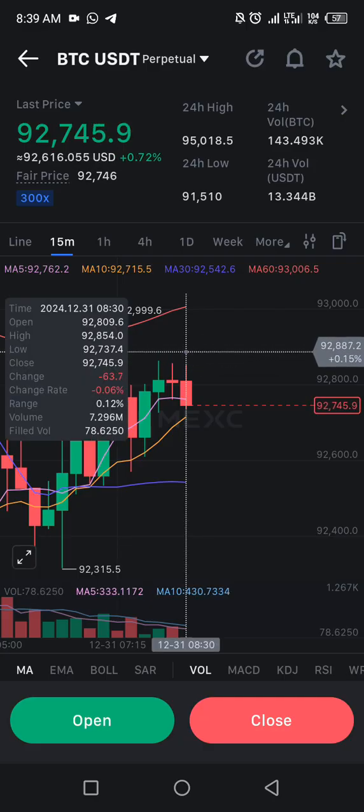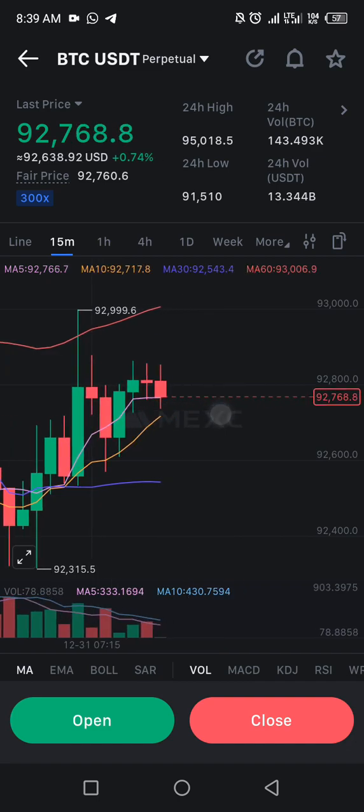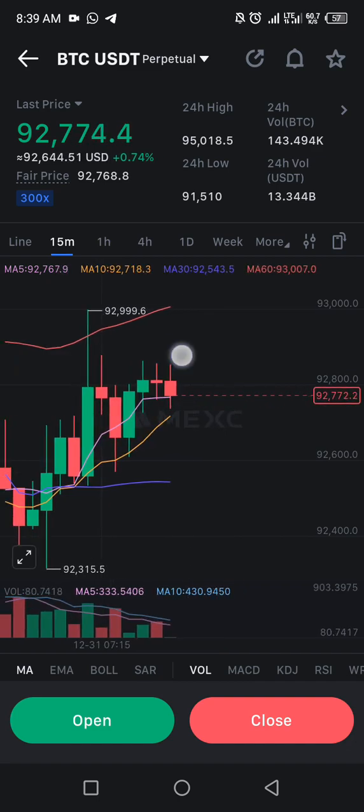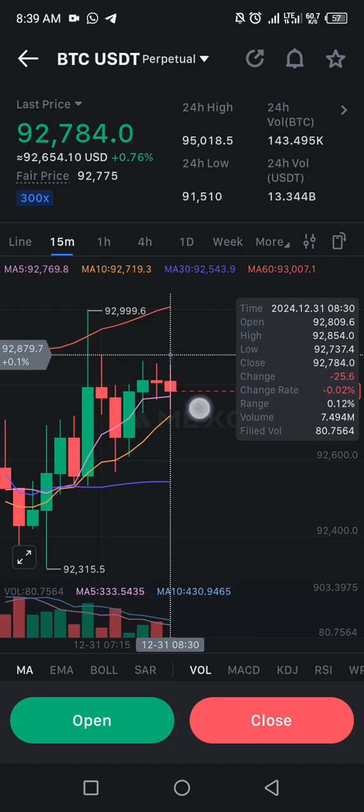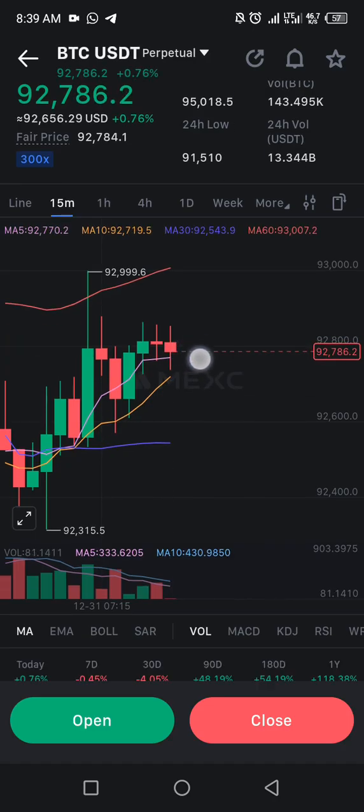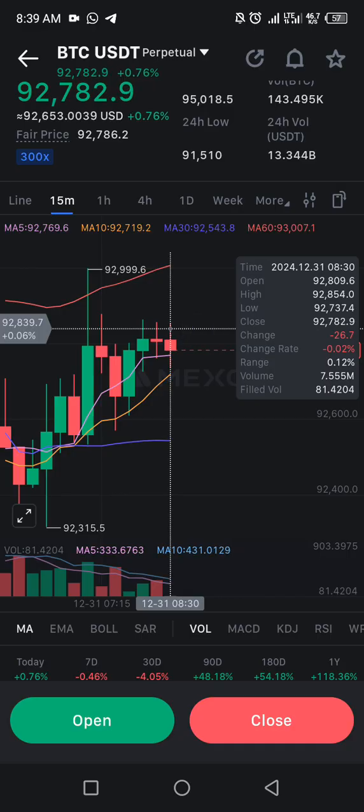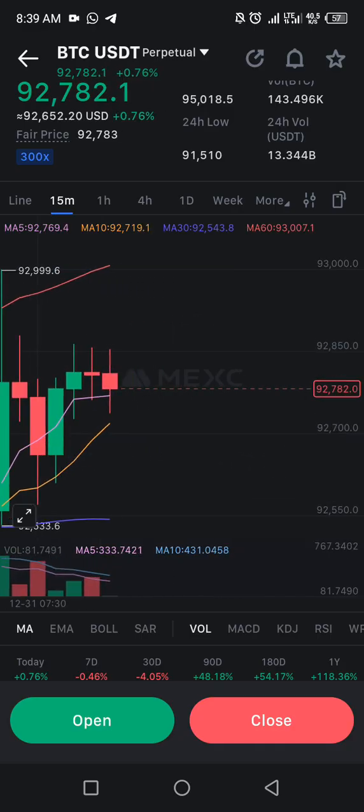So if we've entered at this level, down level here, and we expect the trade to go here. So whenever it moves in between here and here, let's use this 92700 and 92850. Let's say we enter the trade at 92700 and we expect the trade to go to 92850.